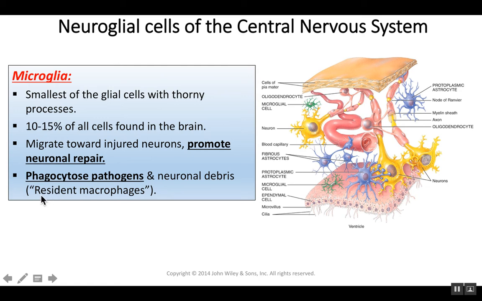They're often referred to as resident macrophages. A macrophage is a phagocyte, a cell that can gobble up, if you will, or eat pathogens. So very useful in protecting that brain from injury and infection.